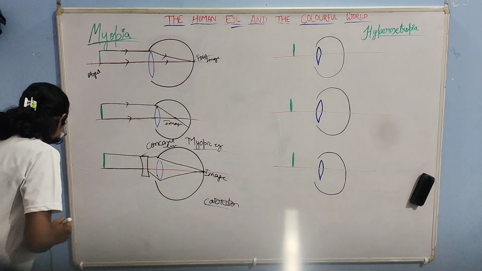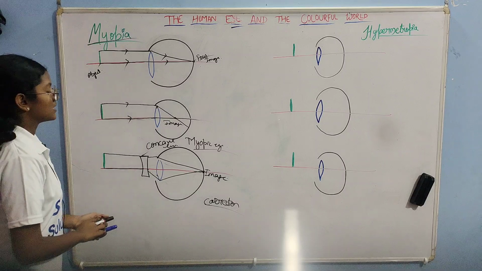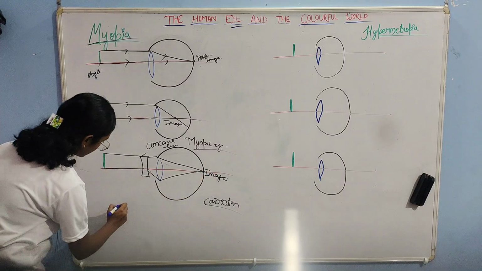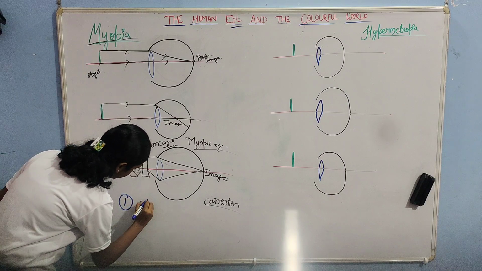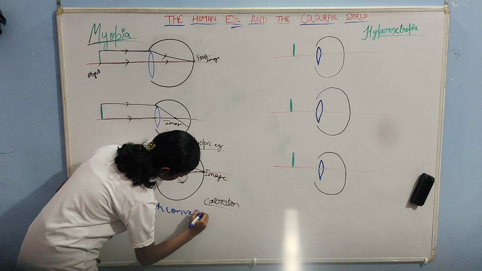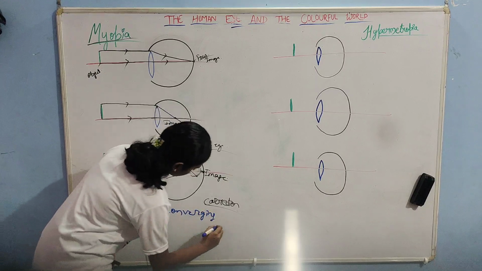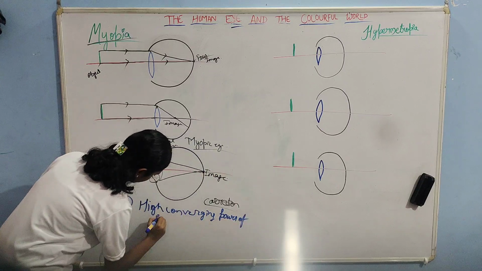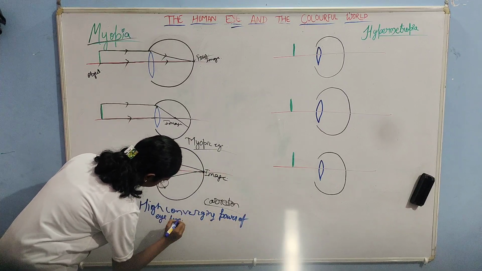Now, let's discuss what are the reasons for this disease. First is high converging power of the eye lens.